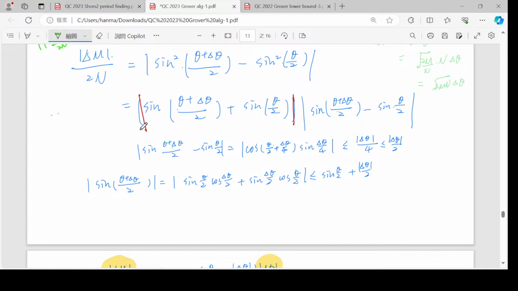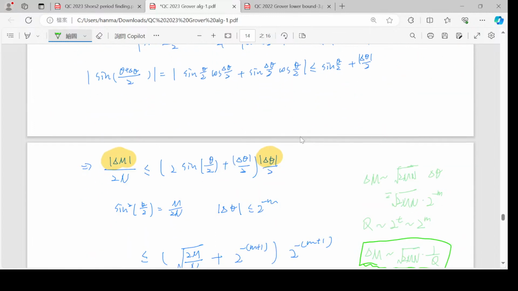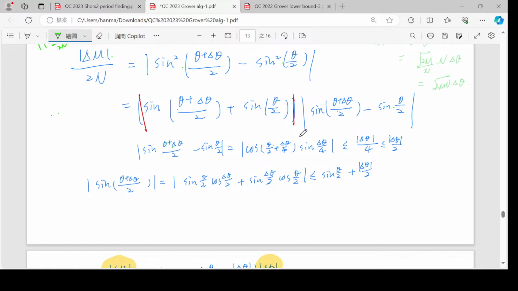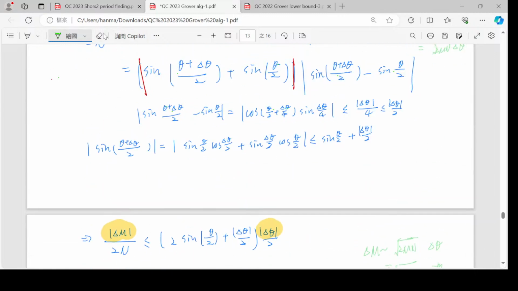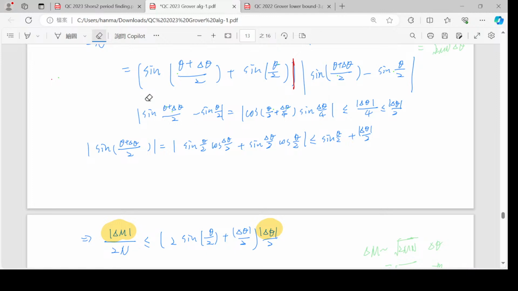Okay, then what about the first term? Oh, actually we are still not doing absolute value.